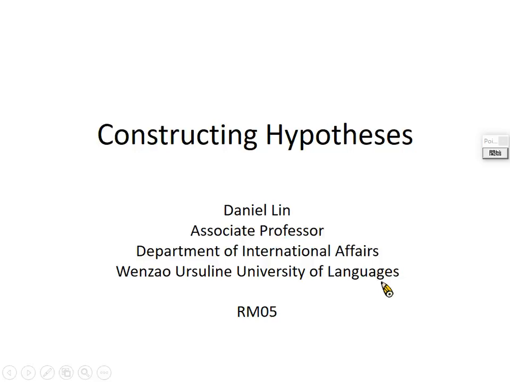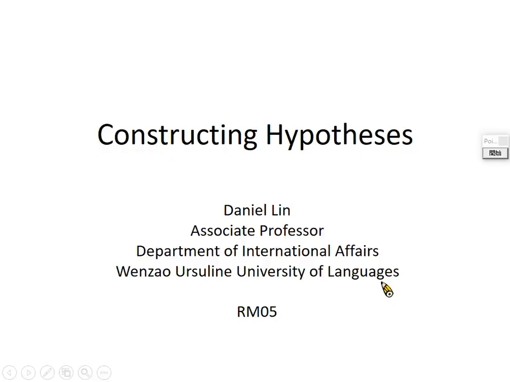So these 3 indicators can help us to lay out 3 sets of research questions or research hypotheses. To lay out research questions is much easier than to lay out hypotheses, because when we talk about hypotheses, we need to understand quite a few concepts.